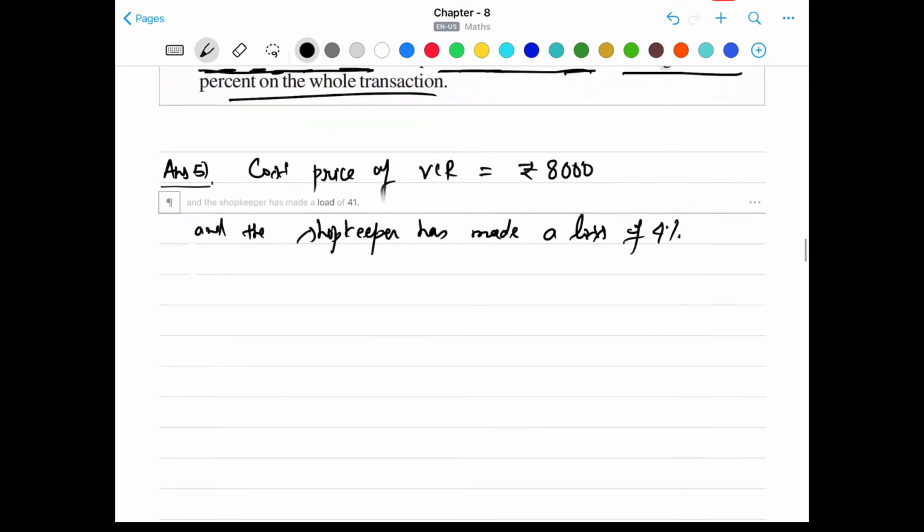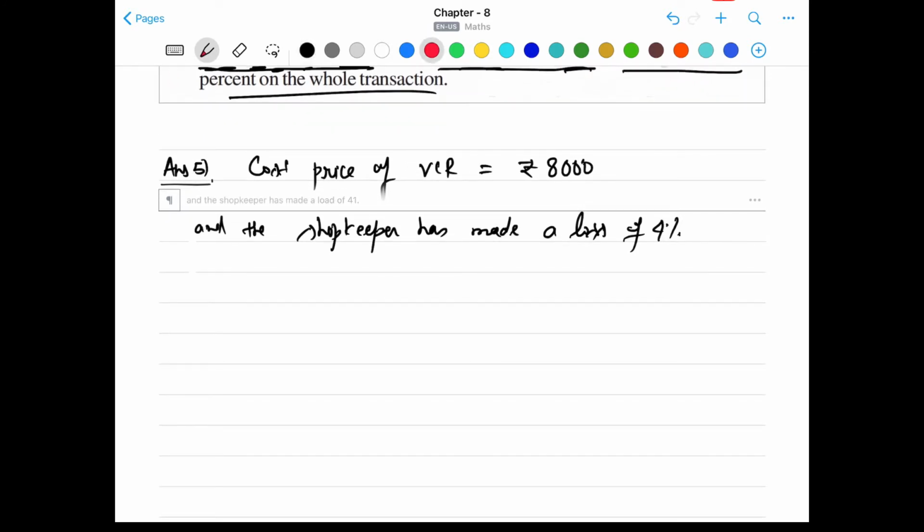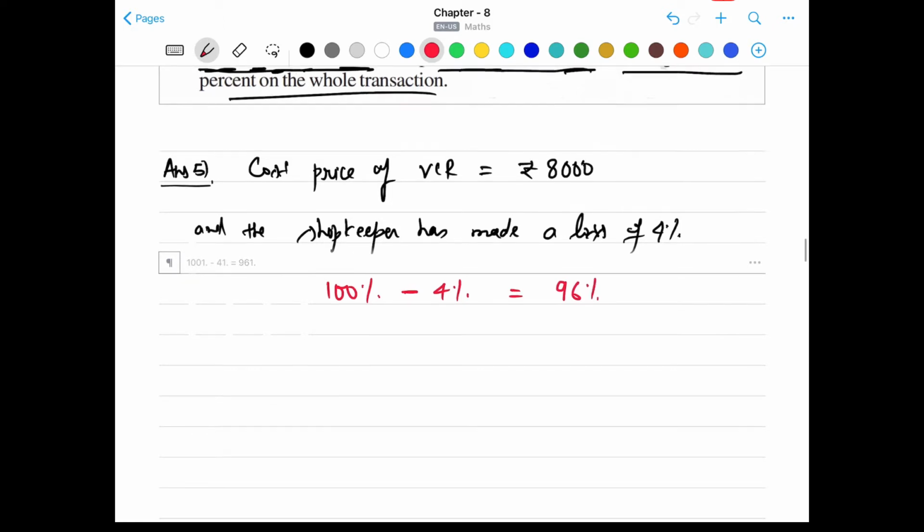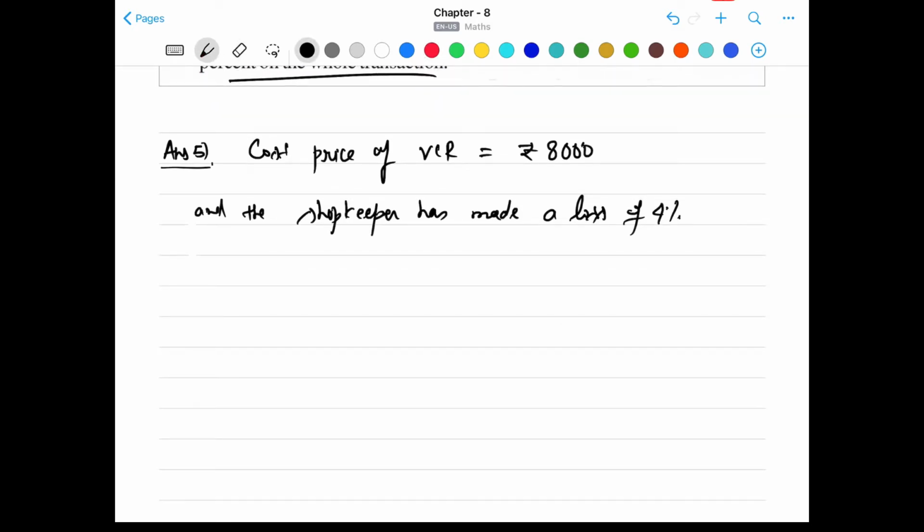The loss of 4% means the total price of any article is 100%. Since he is making a loss of 4%, he will sell it for 96% of the cost price. Since he is making a loss of 4%, the selling price will be 96% of the cost price.